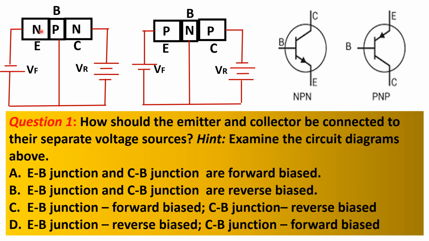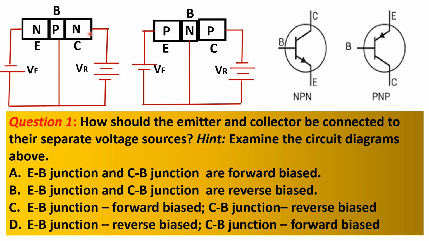So, we say that the EB or the emitter base junction is forward bias.